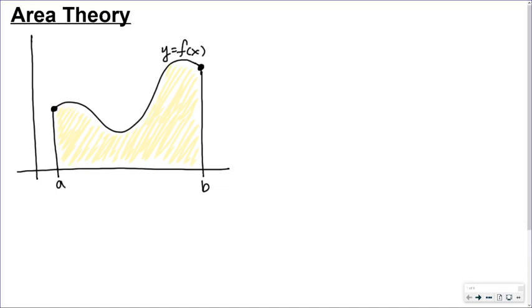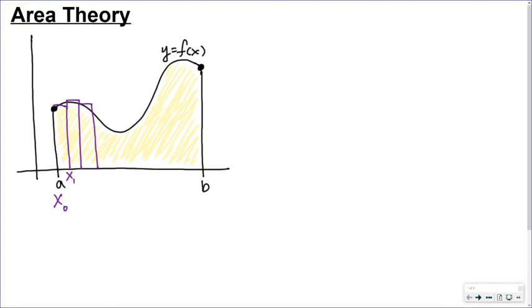If we take this area of unknown shape and we divide it into shapes that we know we can calculate the area of, for example, perhaps we divide it into n rectangles. Let a be x sub 0.